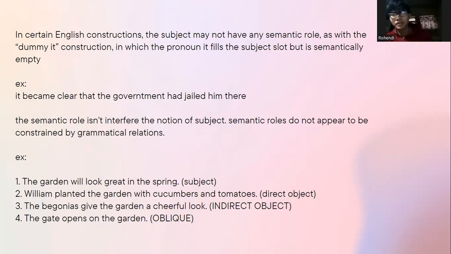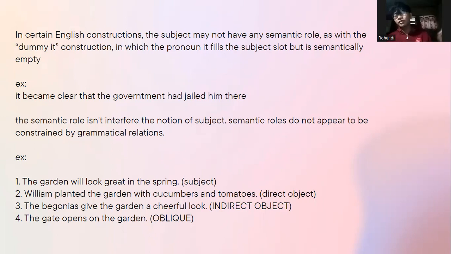Take a look at the examples. "The garden will look great in the spring." Still subject. "William planted a garden with cucumbers and tomatoes." Direct object. The garden becomes the direct object, William becomes the subject, and William becomes the agent. "The begonias give the garden a cheerful look." Indirect object.